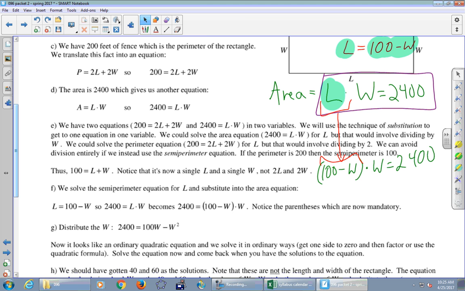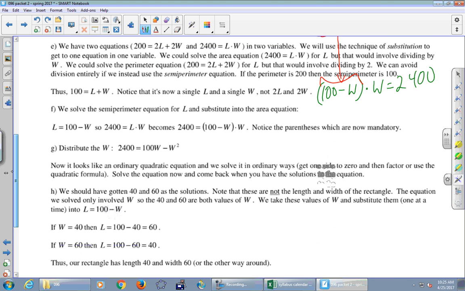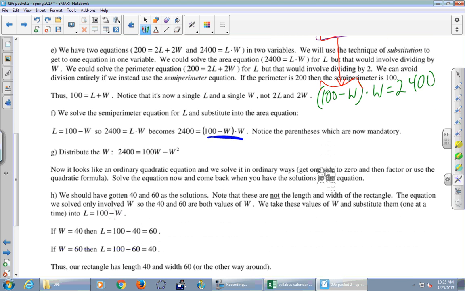I'm actually just going to point here instead of writing out the rest of it. If we distribute that W in here, we get 100W minus W squared. Fair? In this equation, the 2400 was on the left instead of the right, but it's the same. What number do we really like on one side when we have quadratic equations? We really like 0.